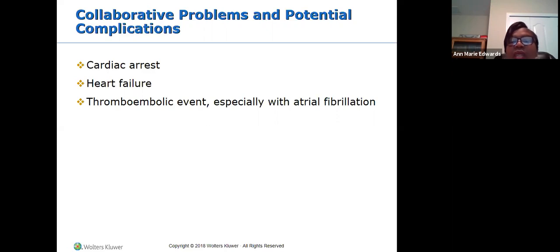So they can have a myocardial infarct, a stroke, and other thromboembolic events because of AFib. And that is why thrombolytics or anticoagulants may be used for patients with AFib.